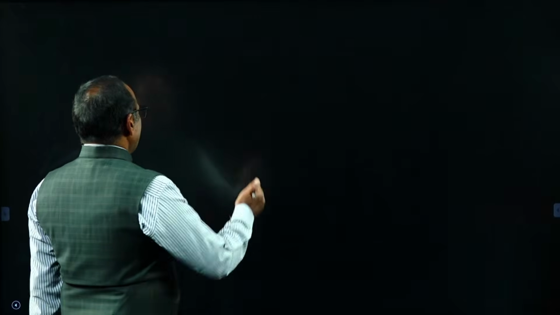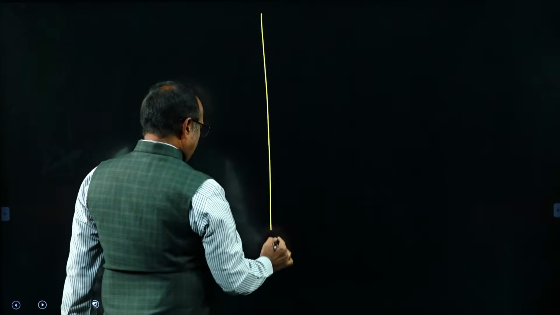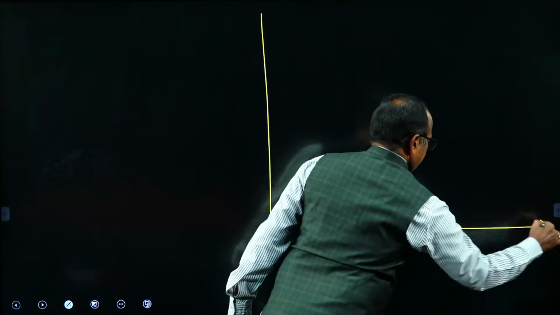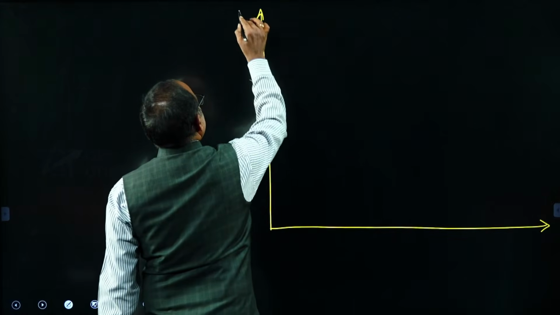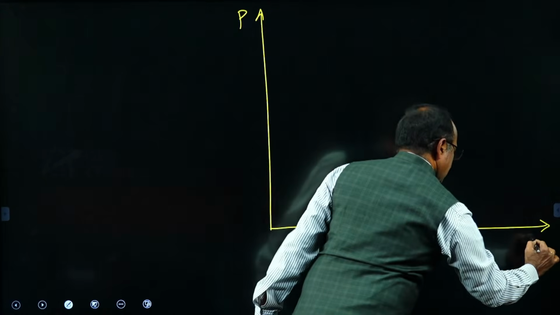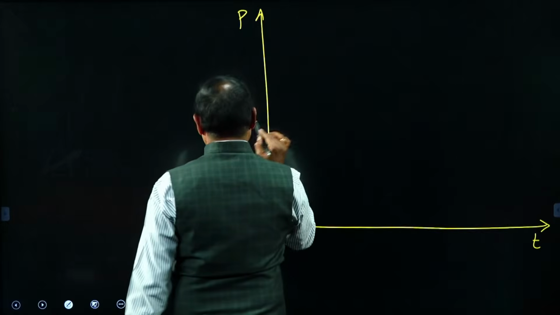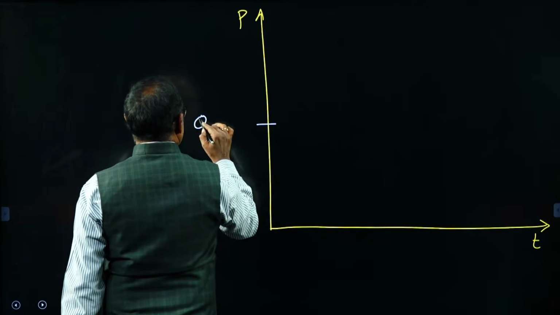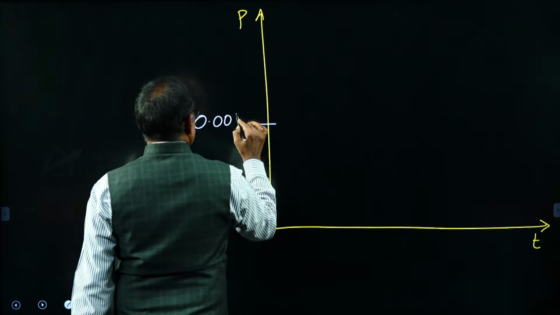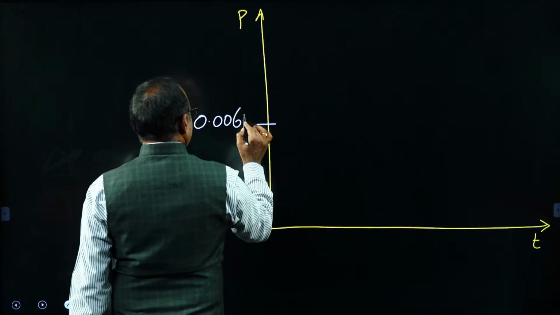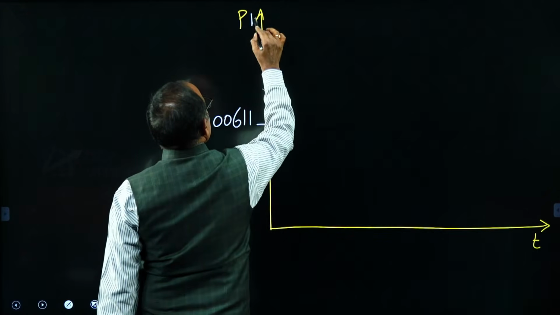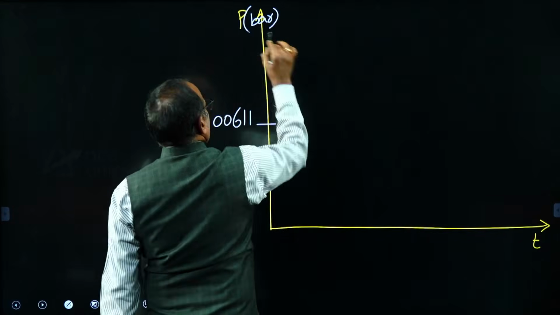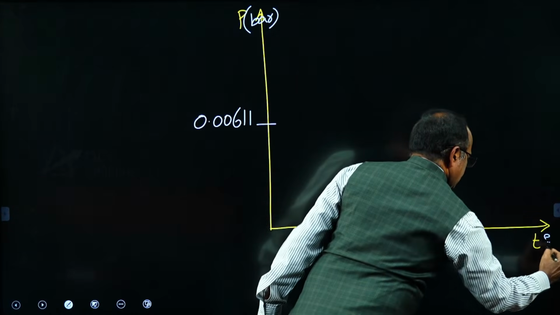Now that triple point state in the PT diagram, pressure versus temperature diagram, I can mark like this. Let me mark the pressure for water only. This is the triple point pressure for water, 0.00611 bar, pressure is in bar, and temperature is in degree centigrade.